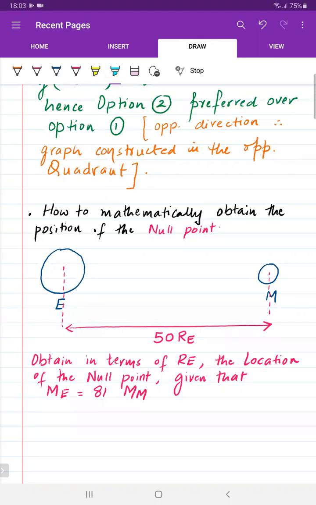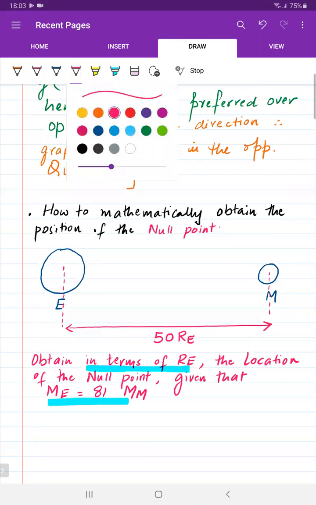And the question is asking us obtain in terms of RE the location of the null point given that mass of the earth is 81 times the mass of the moon.